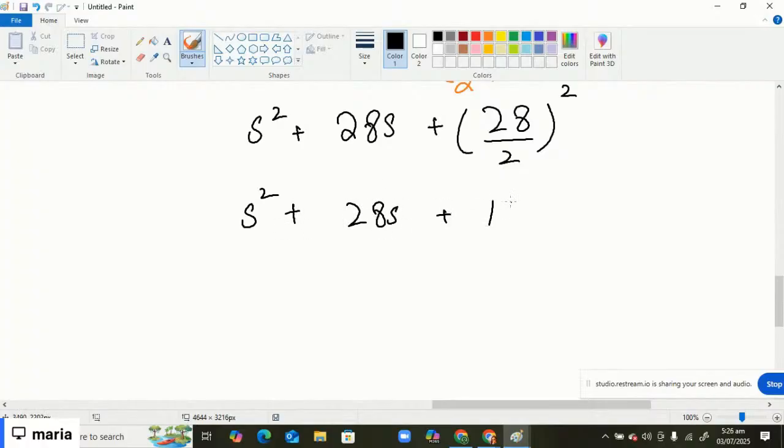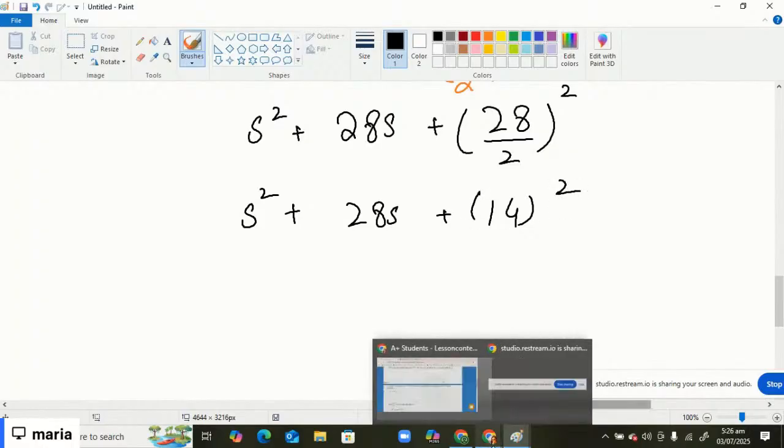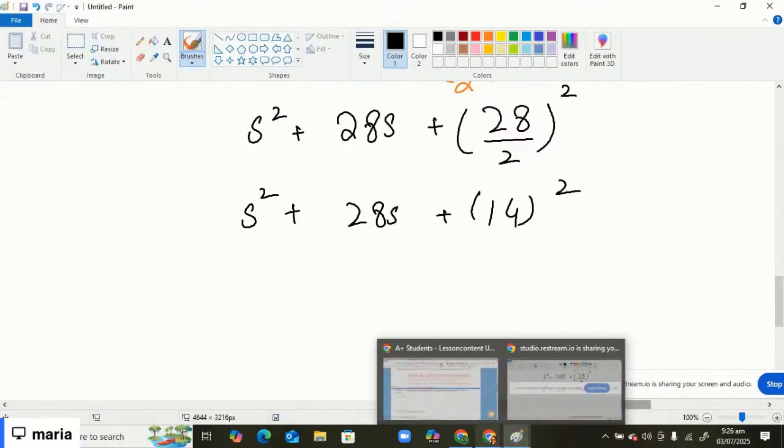That is 14 square. Now what is 14 square? You just check it out and then write your answer.